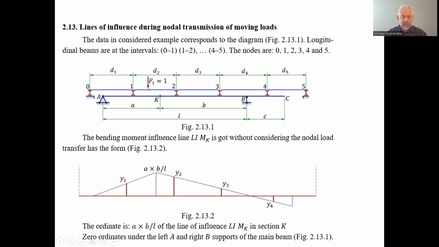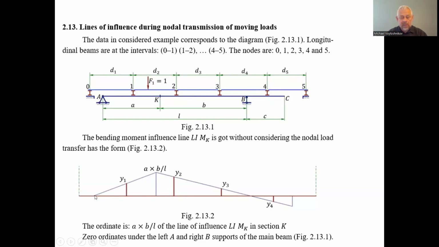So if the unit force F1 is assumed to move along the main beam directly, not through the auxiliary beam, with the panels not in play, a bending moment will appear in the main beam with a linear line of influence, and we can determine this by 3 points, because we have the vertex, the triangle shape of the line of influence.